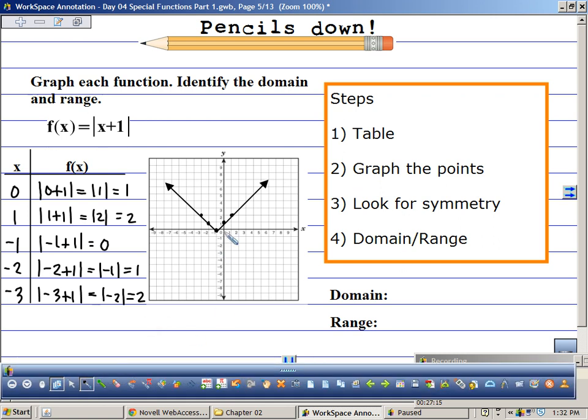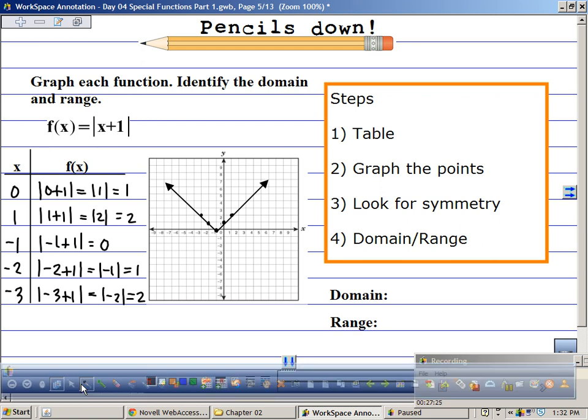Domain and range. Let's talk about domain and range. The domain values. I'm going to move over to the board. The way I test it is, if I plug in a value for x, am I going to get an output of y? So if I plug in 1, will I get a y value? Yes. I'll get 2. If I plug in 4, am I going to get a y value? Yes.